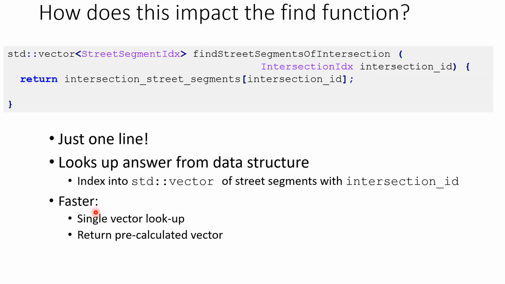Then how do we write the find street segments of intersection function? It will just be one line, returning one vector in the outer vector, accessed by the intersection ID. And the complexity will be O(1) with one direct memory access.